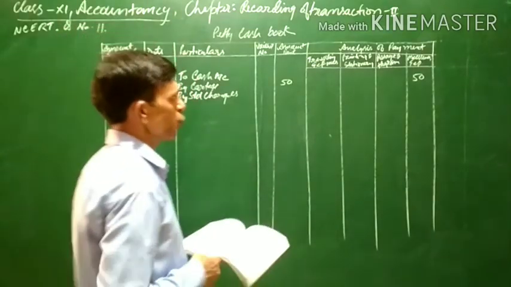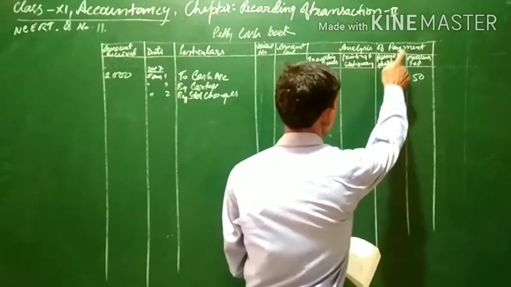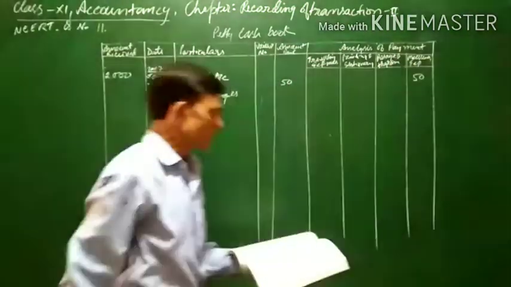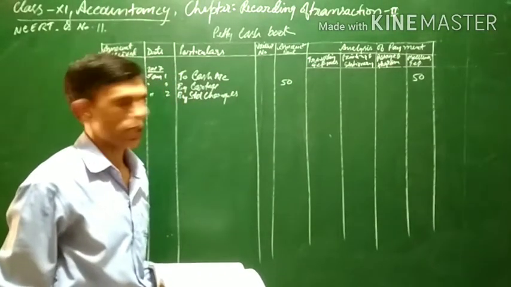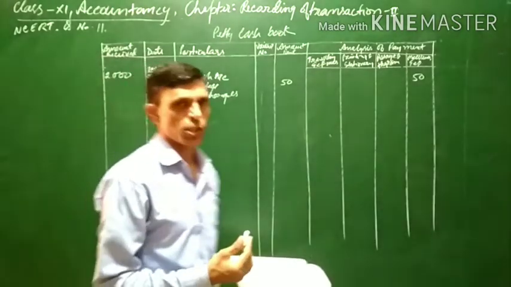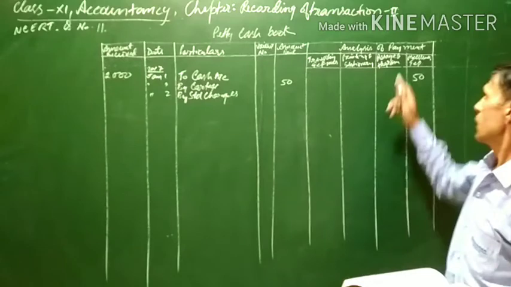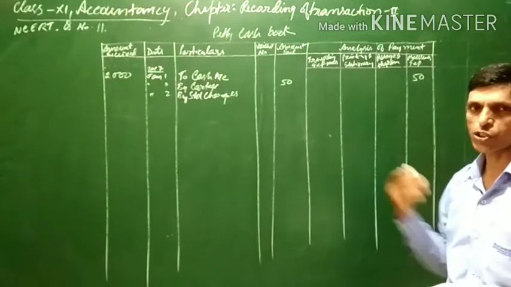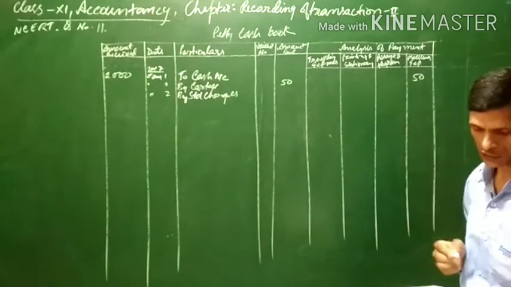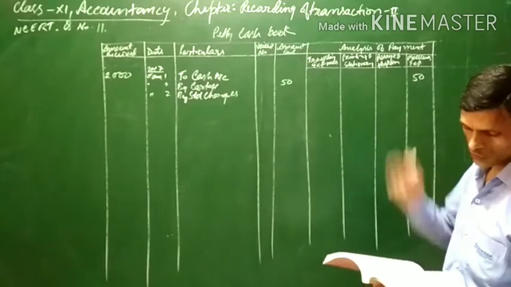Since you are making phone calls, it will be included in postage and telegram, because this expense has been made for communication purposes. So it will be written in the postage and telegram column.